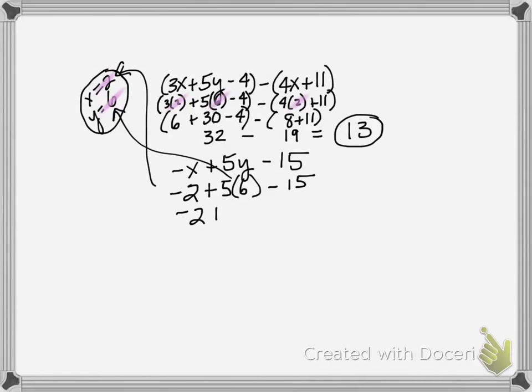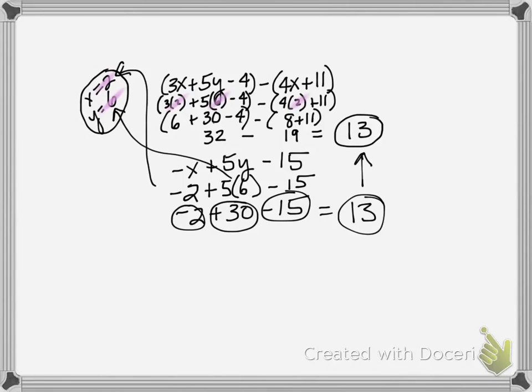Negative 2 plus 30 minus 15. And yeah, so we have negative 2 plus negative 15 is negative 17. And then 30, take away 17, equals 13. And they do work, okay? So we have proven the equivalency, or the viability of our answer.